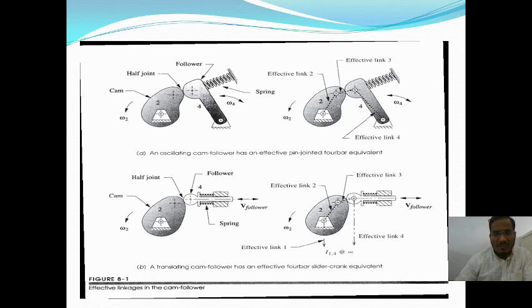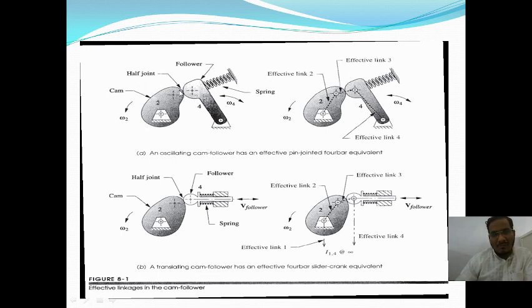An oscillating cam follower has an effective pin joint four-bar mechanism. Next, the head of the cam, the shape of the cam head, we can say is the half joint.